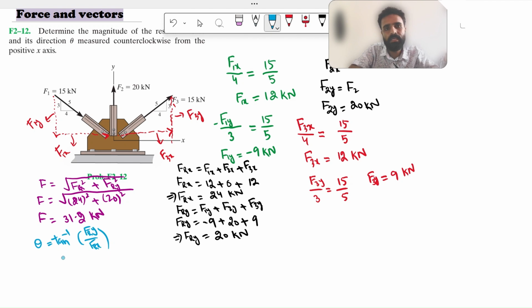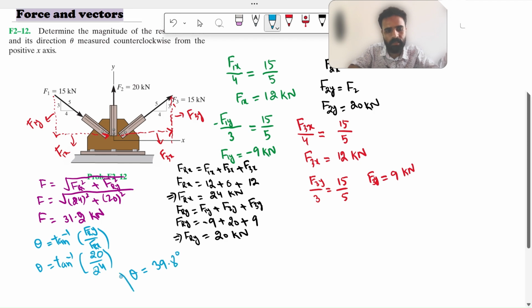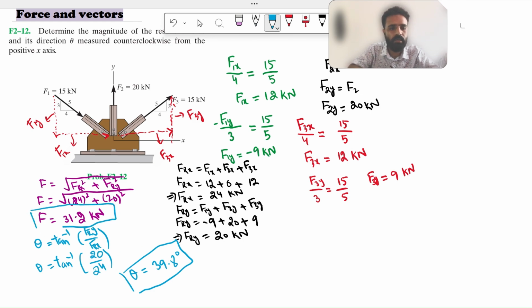So putting the values, tan inverse of the Fy value, which is 20, divided by the Fx value, which is 24. So theta will become equal to 39.8 degrees. So this is the direction of the resultant force, and this is the magnitude of the resultant force.